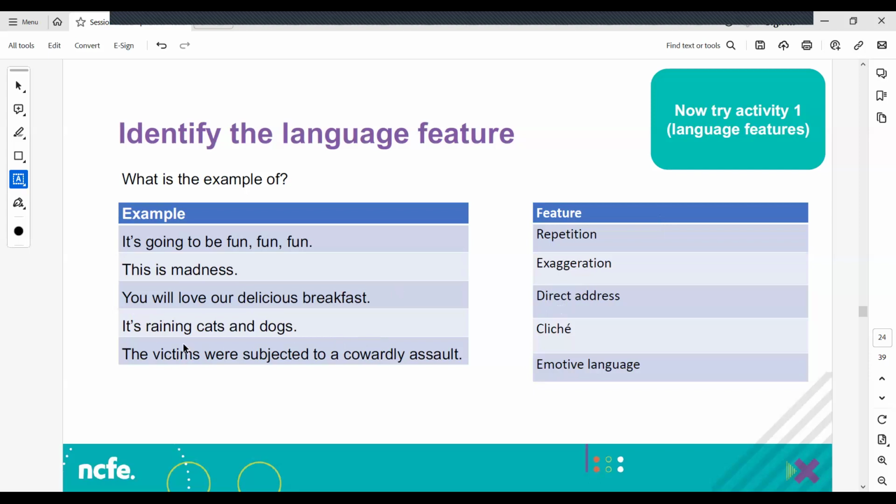It's raining cats and dogs. So another example of cliche. The victims were subject to a cowardly assault. So victims, cowardly, that's emotive language. It's leading our thinking again, leading the opinions we have after reading it.